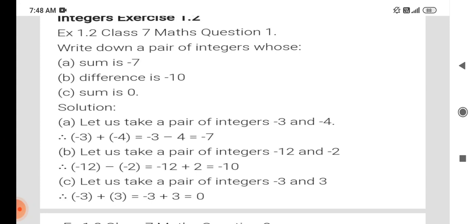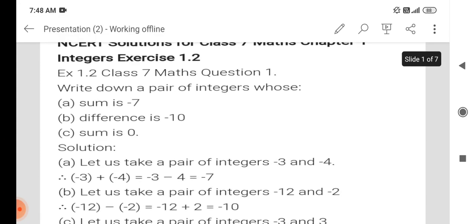Here I use minus 3 and minus 4, because negative integers are always added, since same-type integers add, and you put the sign as given in the question. So minus 3 and minus 4 gives the answer minus 7.